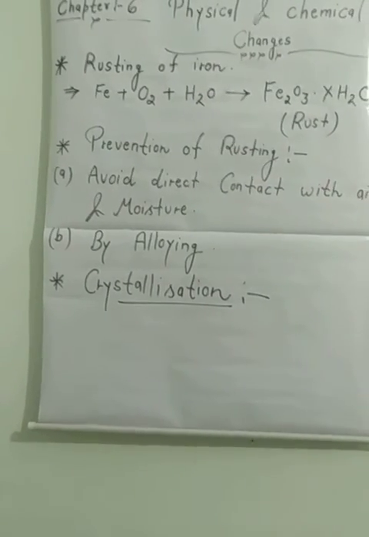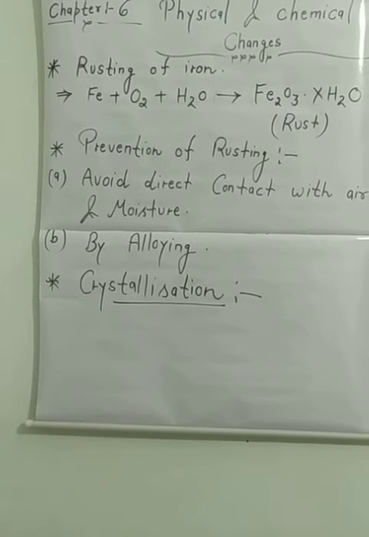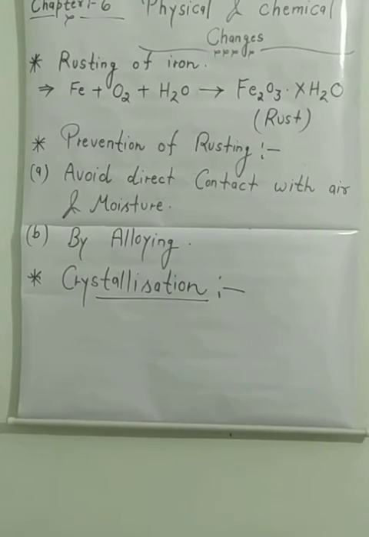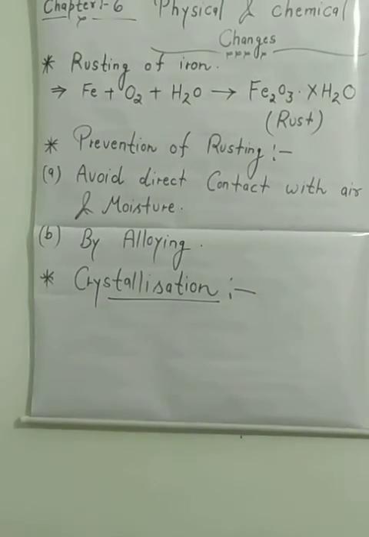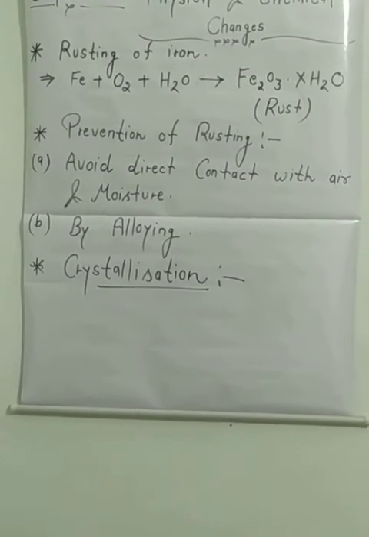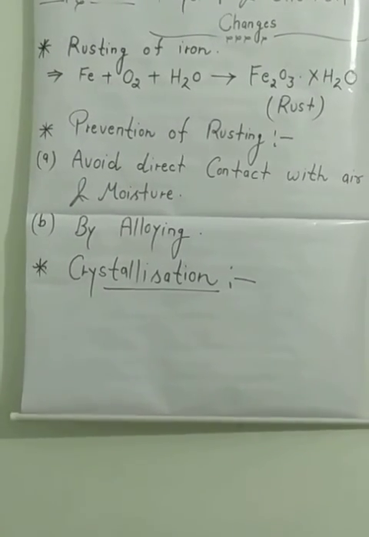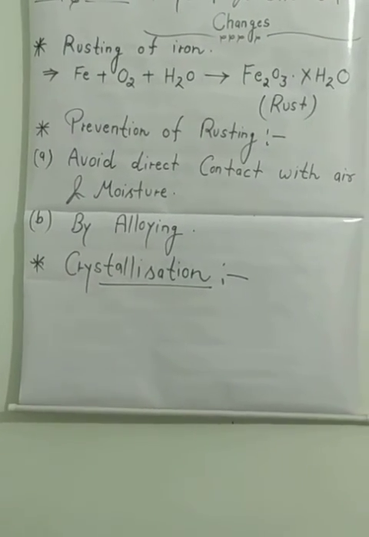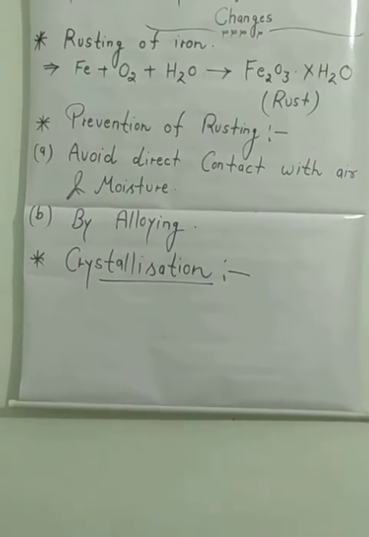One more thing I can tell you, crystals of normal salt, crystals of alum, crystals of sugar, if we want to obtain them from their solution, then we can easily apply the process of crystallization. And one more example, obtaining sea salt.